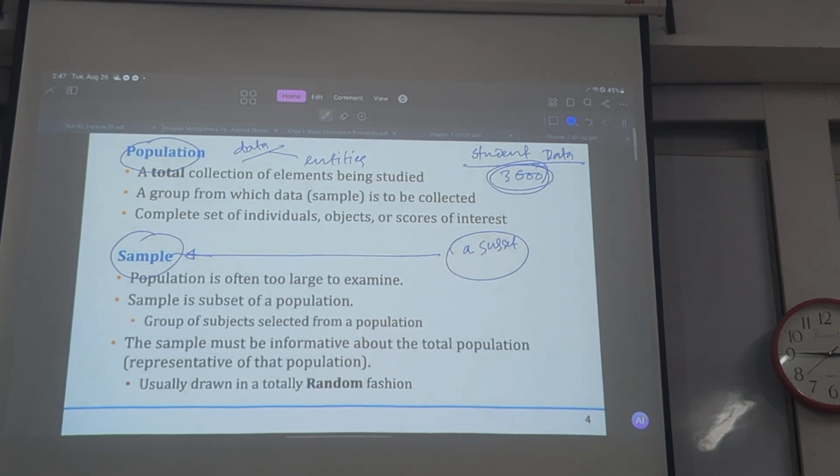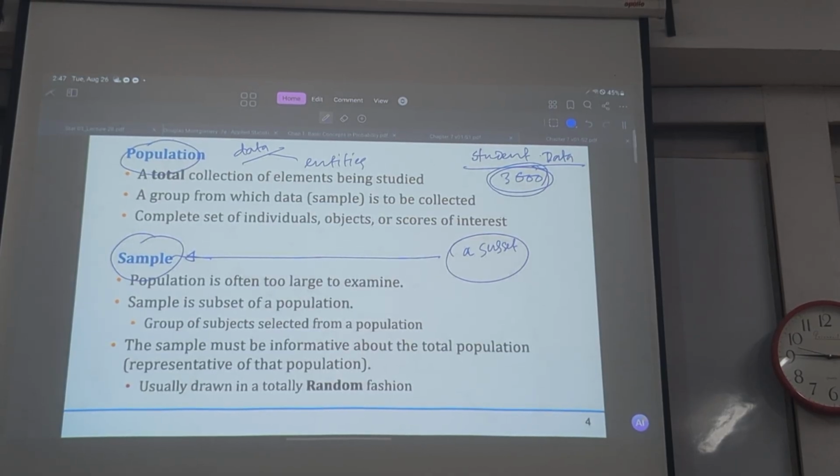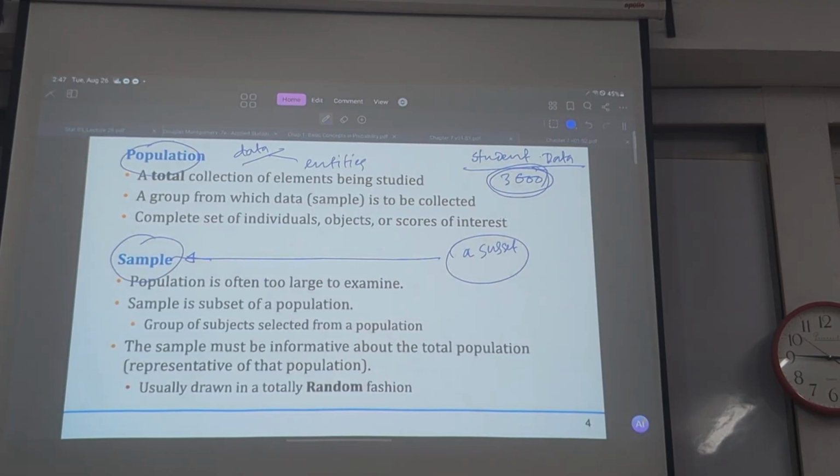For example, a human being has height, weight, income, the amount of tax he or she pays. If we have a collection of all these data, then we call it a population, depending on the jurisdiction, the area for which we are defining.